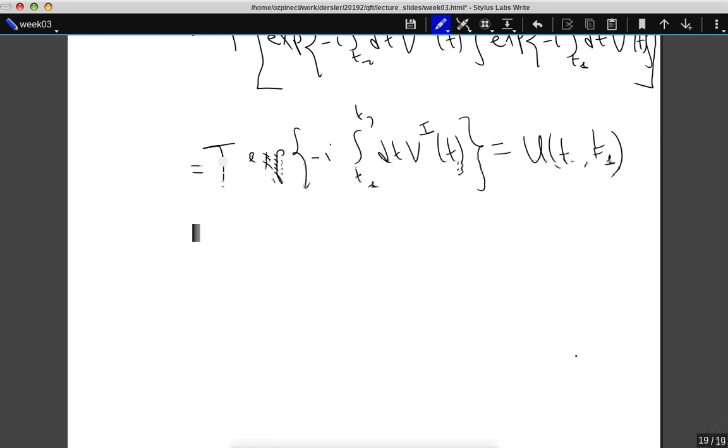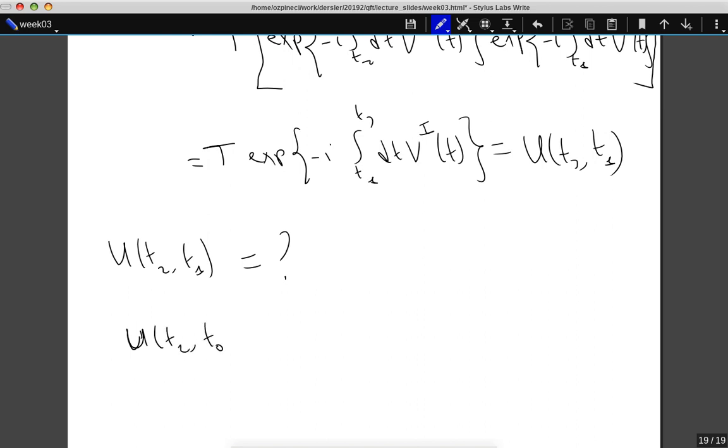By the way, what does U of t2, t1 do? What's the meaning of it? Well, using this property, let's try to prove it this way.